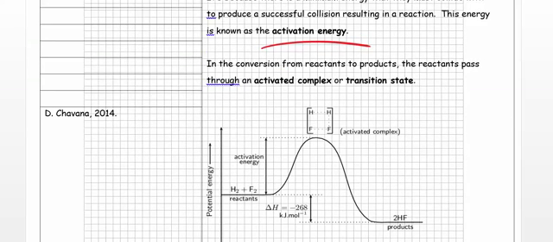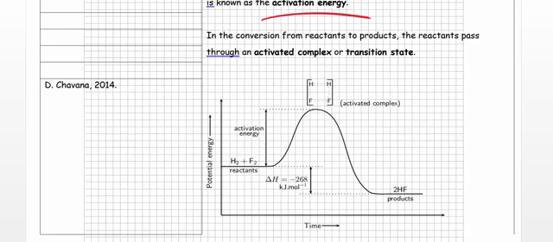So let's take a look at a potential energy profile. These we've looked at before when we were talking about exothermic reactions and endothermic reactions. And by the way, this would be an exothermic reaction because the products have a lower potential energy than do the reactants. But what we want to interest ourselves with in this unit is, first of all, where is the activated complex? Well, it's the very peak of this diagram right here. So that's the activated complex.